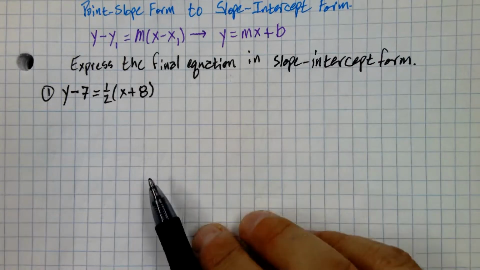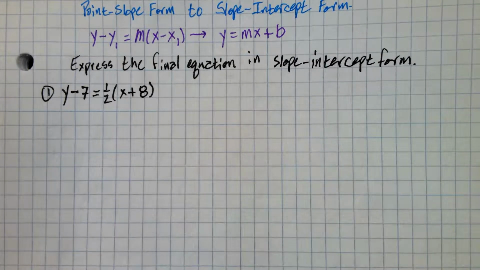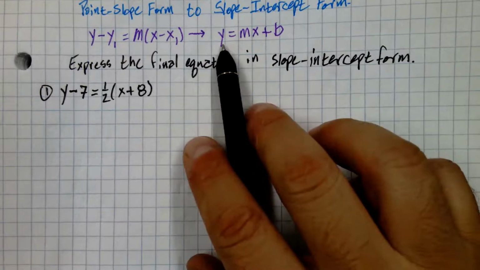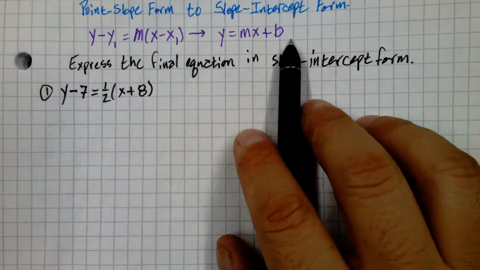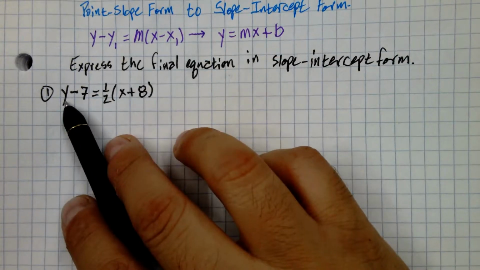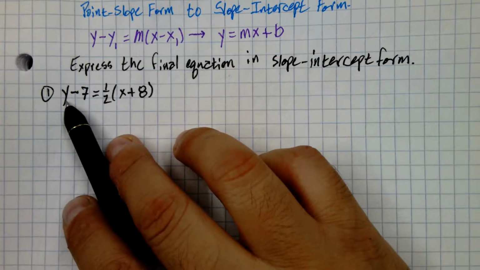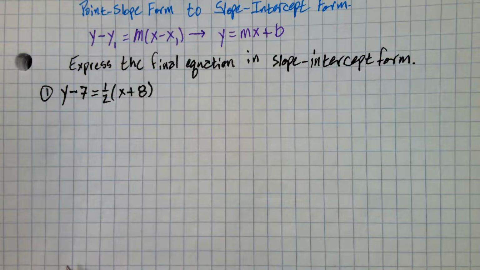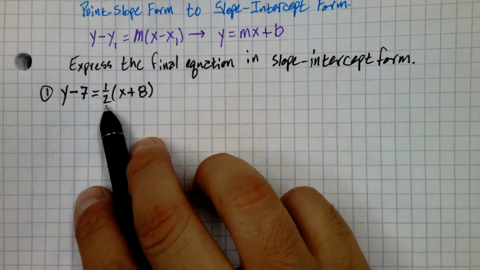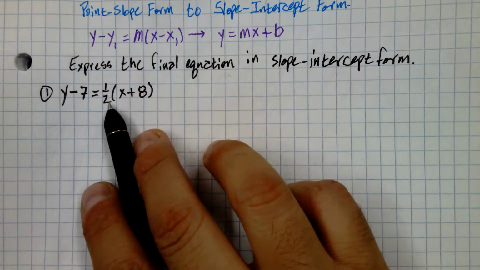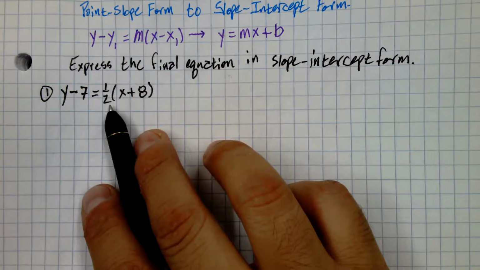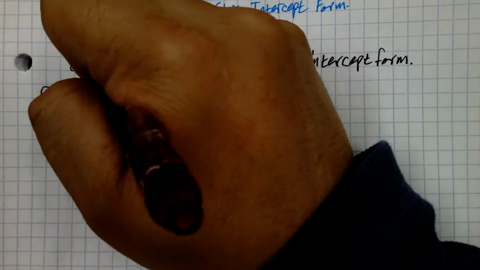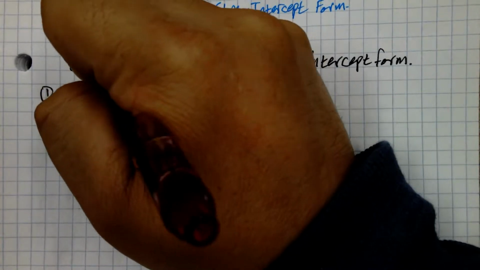So we have this equation in point slope form, and we want to just use our algebra skills to form an equation that looks this way. So our main concern is to get y by itself, and then move around a few things on the other side. So we're going to start by getting rid of the parentheses, getting rid of the 1/2 outside the parentheses. And the way we'll achieve that is distribute.